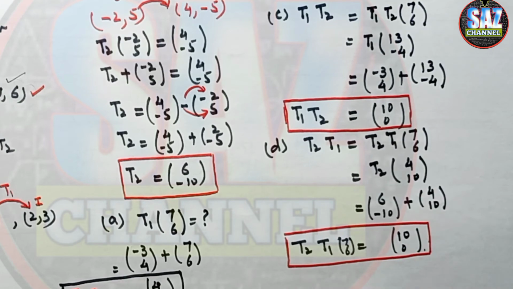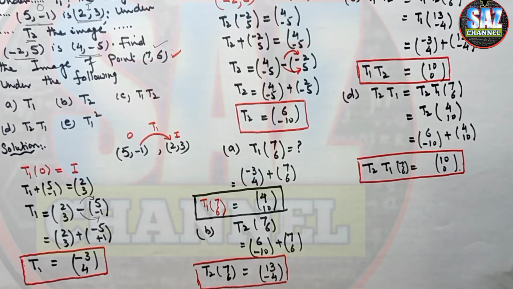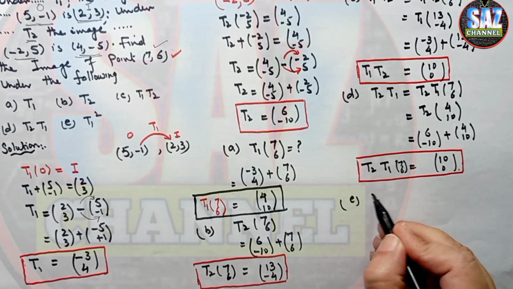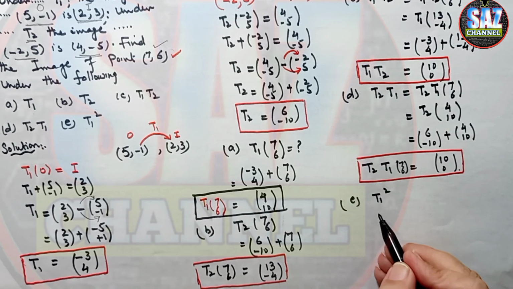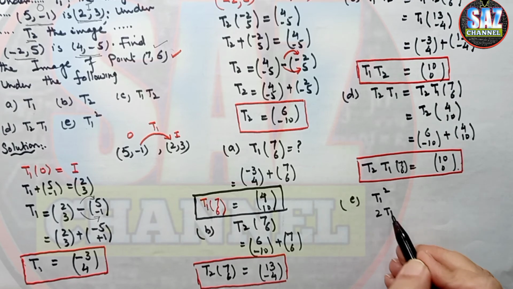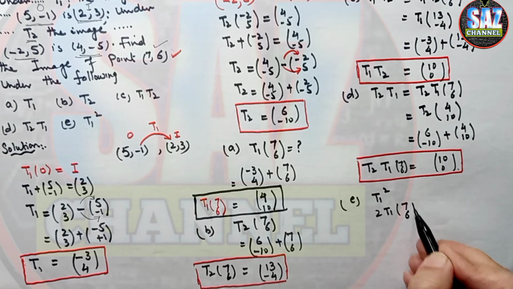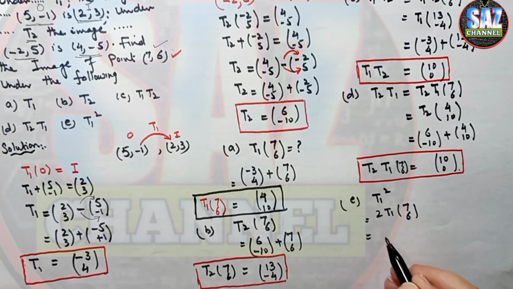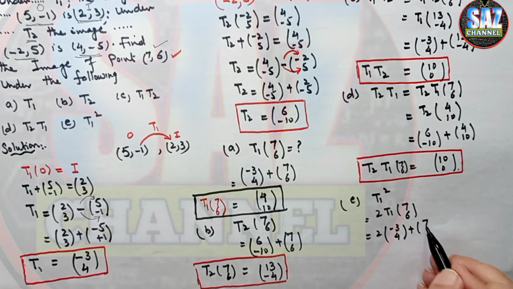And then the question says the last part is T1 square, which means that we have to find T1 applied twice on (7, 6), and that means 2 times the translation vector T1, which is (-3, 4), plus (7, 6).